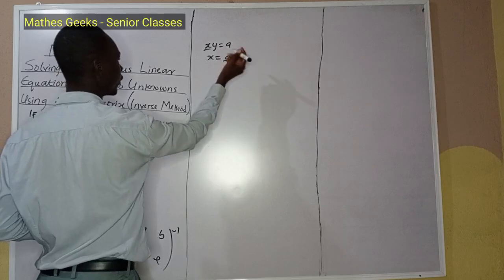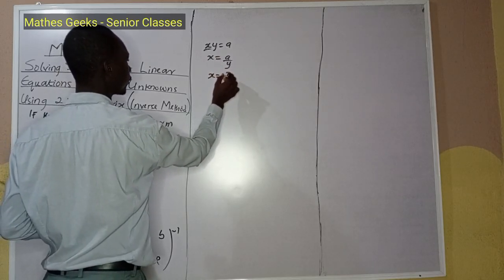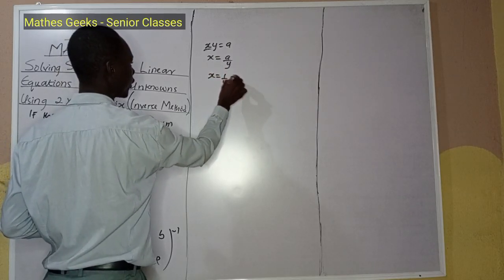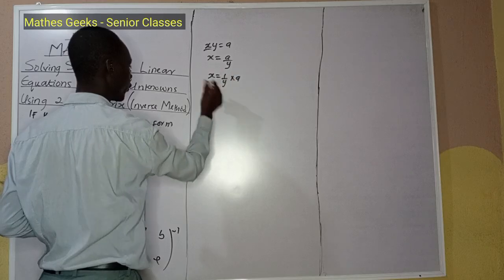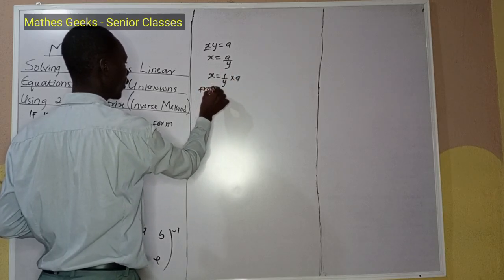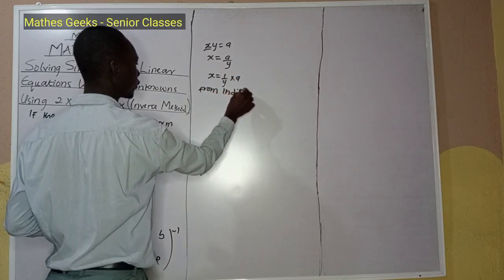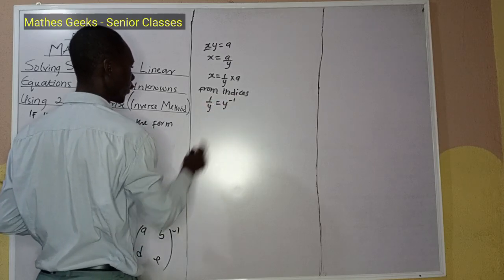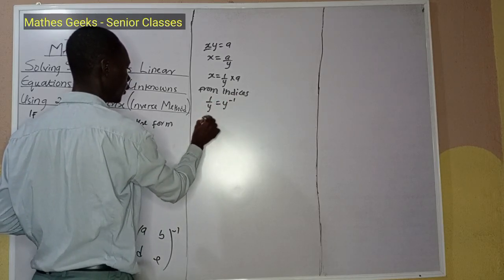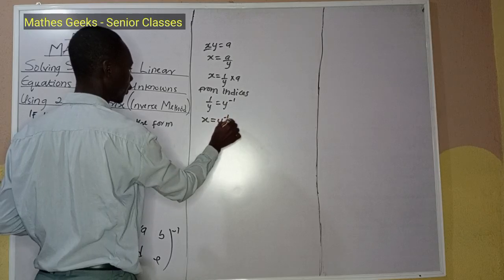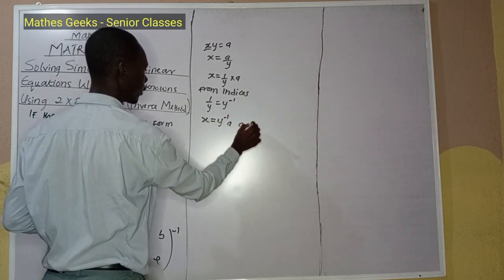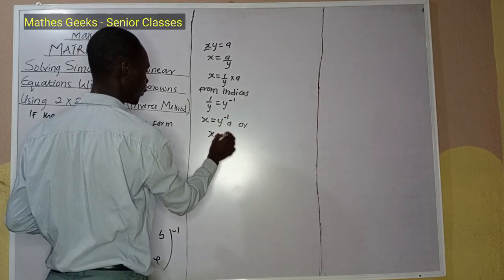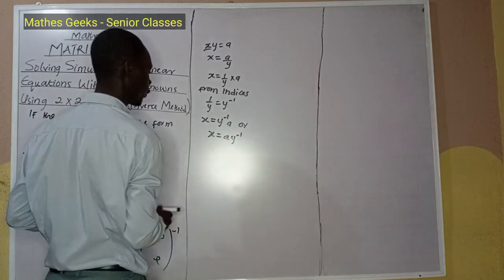Another way to write this is x equals 1 over y times e. And from indices, you know 1 over y is equal to y inverse, y raised to the power of minus 1. So you can write it as x equals y to the minus 1 times e.